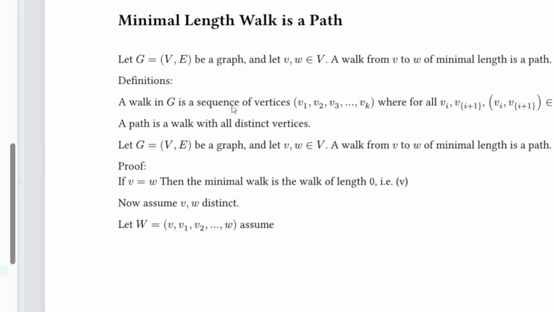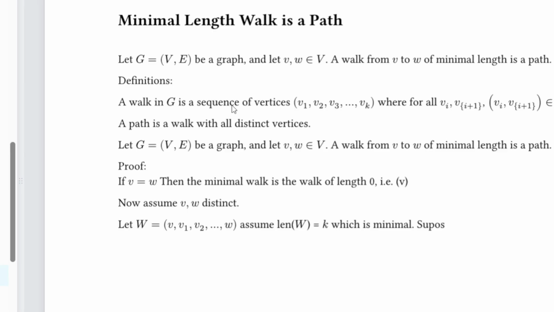Assume the length of the walk, let's say it's k, which is minimal.